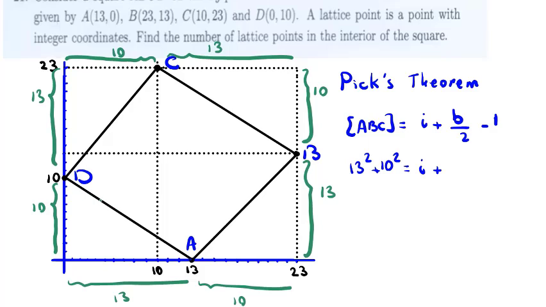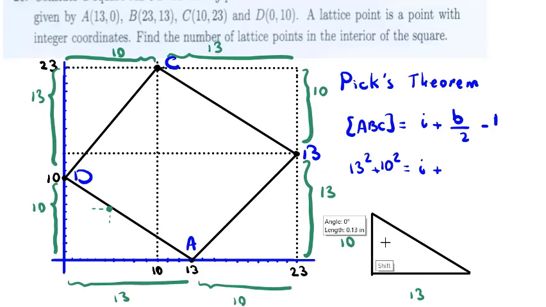For this one, I want to consider how many lattice points I have. Let's consider one of them. The length here is 13, the length here is 10, and then we consider the dotted line.